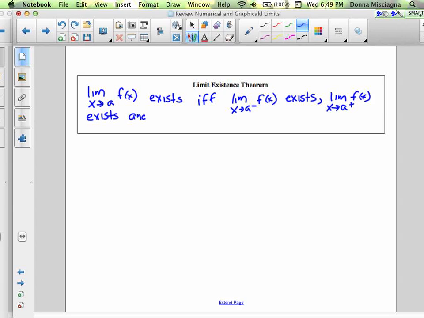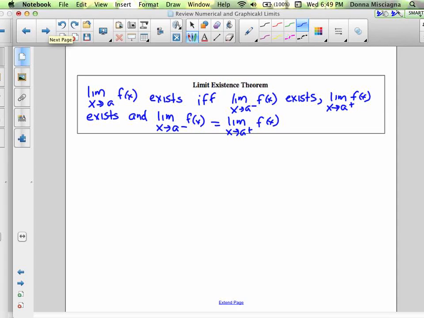And the limit as x approaches a from the left equals, oops, I forgot to write the function there. You need to take a limit of something. It can't stand alone. So the limit as x approaches a from the left of f of x equals the limit as x approaches a from the right of f of x. Right? That's how we know our limit exists.